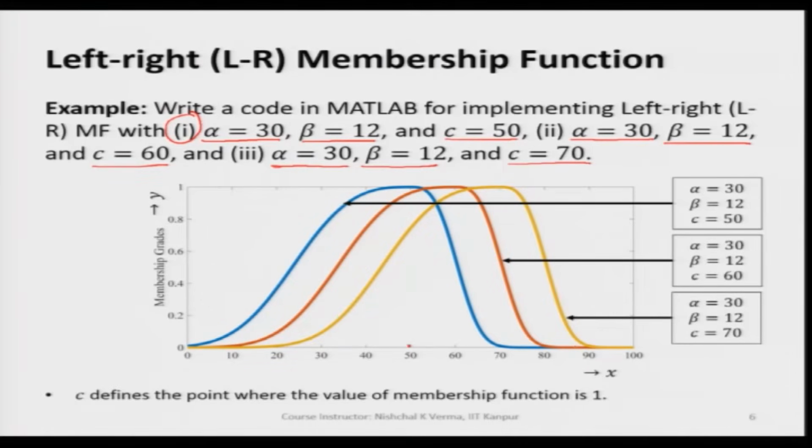So, in this example, C is changing. In one case we have 50, the other case we have 60, and then the third one we have 70.